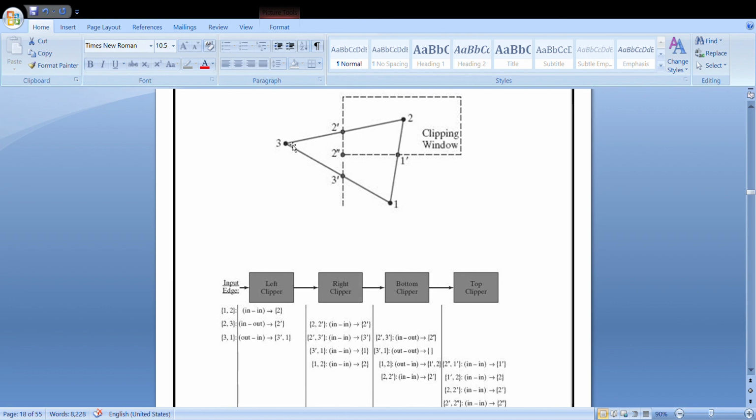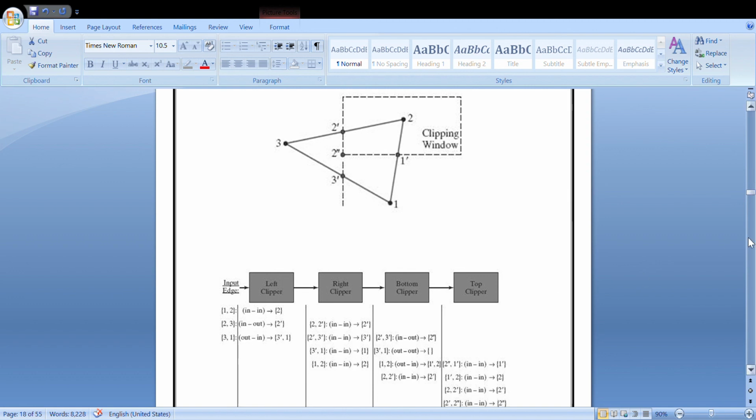But here 3 is not the output vertex, you have shifted 3 to another point and you have called this 2 dash. And next the line 3 to 1. So 3 to 1 is a case of out to in. That is what is specified here, out to in. And again here this 3 has a new position called 3 dash. This is the output of this particular line 3 comma 1.